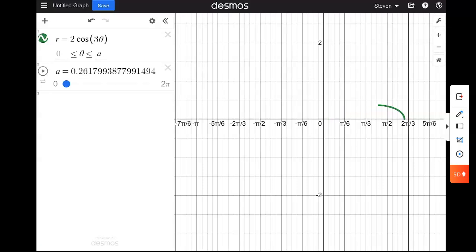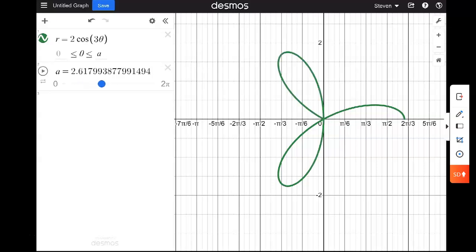So there you are. Starts at 0, pi over 6. And again, it's negative, so it's going to reflect it back through. And you can again see that when we reach pi, we've actually gotten the whole graph. Again, everything else is just repeating on itself.